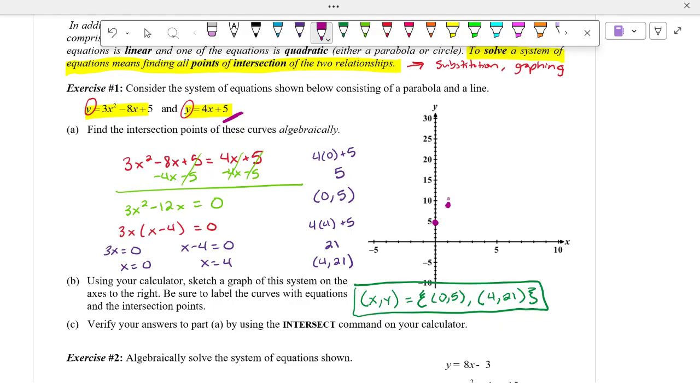I'm just going to keep doing that till I get to at least y equals 21. And then this will be the last one. And then we got ourselves a line.